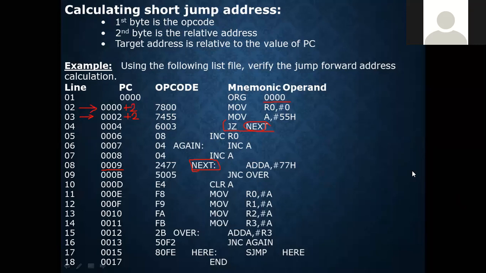No, I didn't ask you this. What I have asked? When we will execute the JZ next, then what will be the value in the program counter? Yes, that was my question.